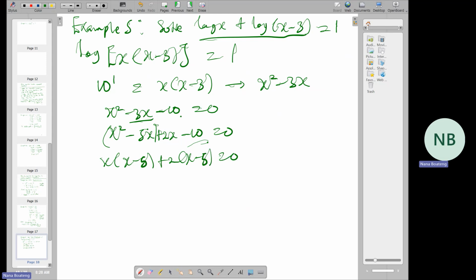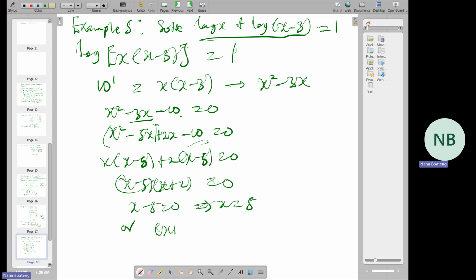So we have x minus 5 times x plus 2 is equal to 0. So x minus 5 is equal to 0, which means x is equal to 5, or x plus 2 is equal to 0, which implies x is equal to negative 2.